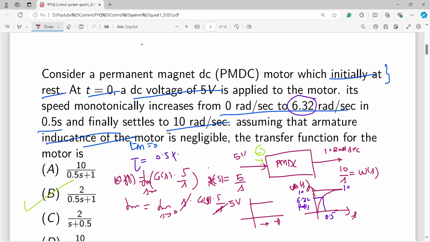Then straight away we can find 5 into G(s), and that is the final value. Okay, so hope you understood.